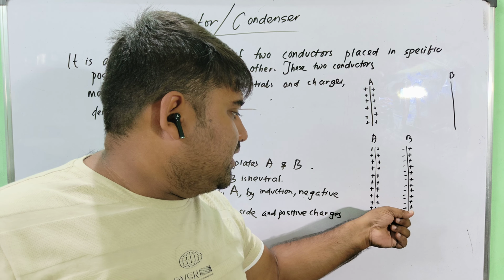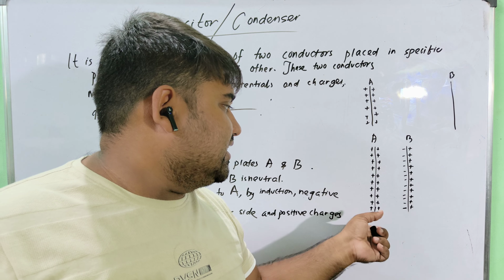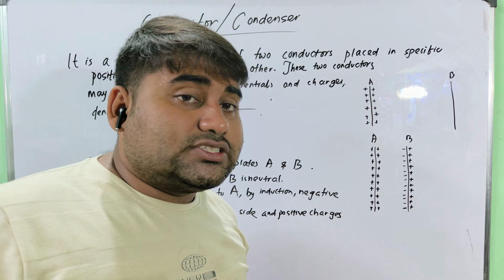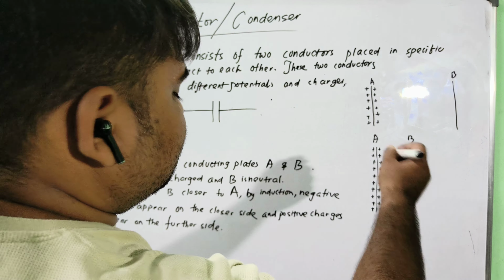Since it is a positively charged system, it has a high potential. Now we bring the negatively charged side closer to it, and it tends to reduce the potential of the system.